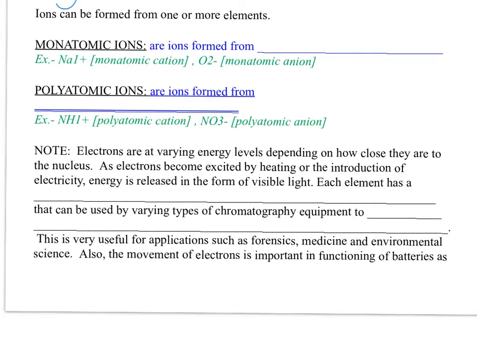Please understand also that ions can be formed from one, that's pretty easy, or more elements. It's the more elements part that will end up getting you guys. I will make you just memorize. There's just no way around it. You just have to memorize some of the most common polyatomic ions. And so here are the two terms.